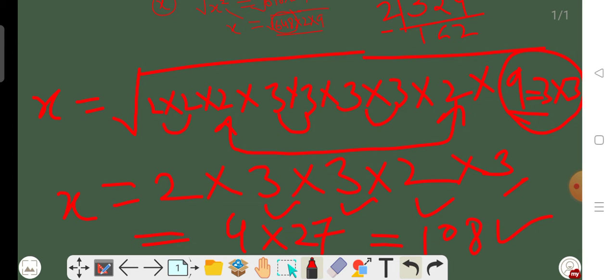This is the answer of your question number 7 beta. So this is the required number whose half when multiplied by 1/9 of the given number will become 648. So this is the solution of your question number 7 beta.